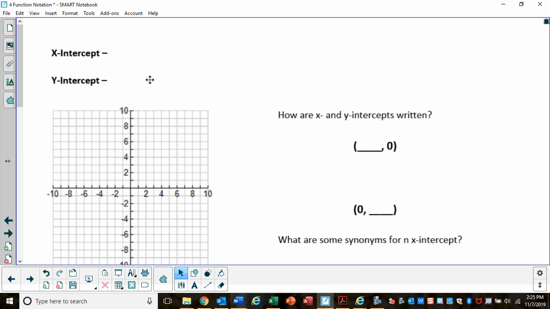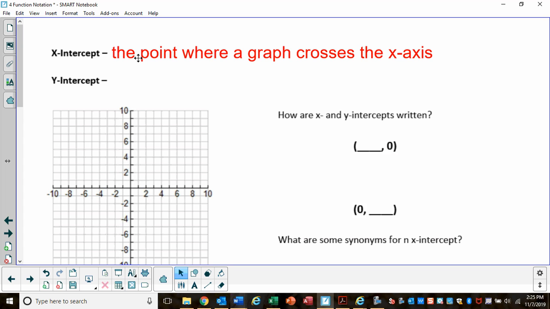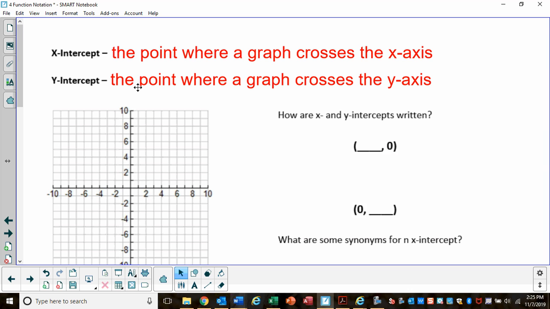Alright, some more vocab. An x-intercept is the point where a graph crosses the x-axis, where a y-intercept is the point where the graph crosses the y-axis. How do we write these? Well, as ordered pairs, x-intercepts are written as x, comma 0. So an x-intercept should always have a number for x, and the y will always be 0.